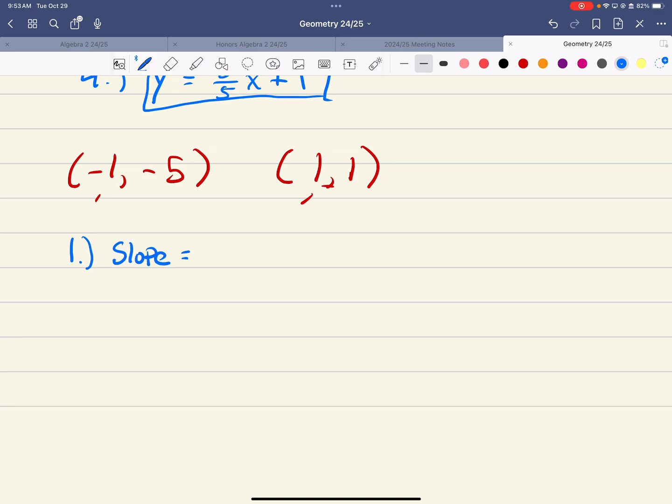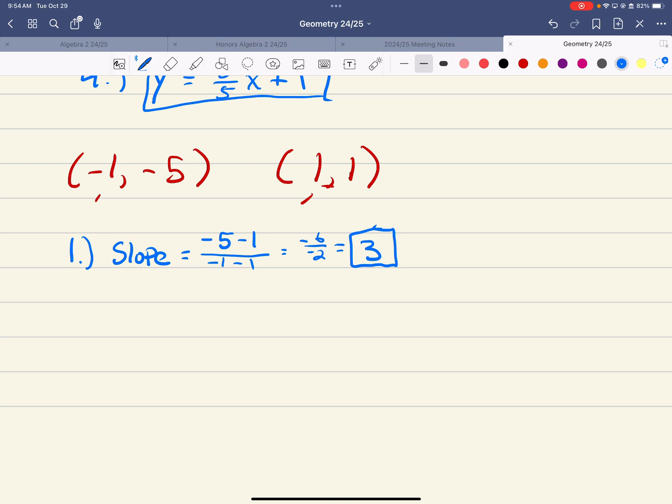My y values, so I go from left to right, so -5 minus 1, over -1 minus 1. -1 minus 1 is -6 over -2. So my slope is 3. So there's step 1. Find the slope.